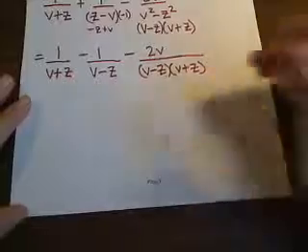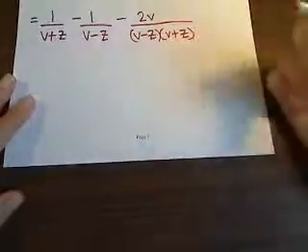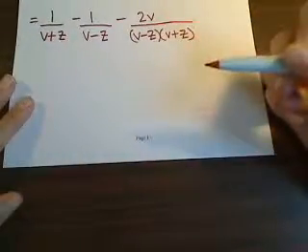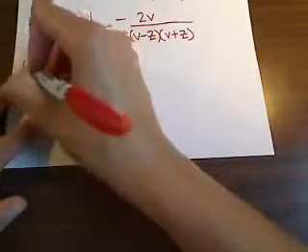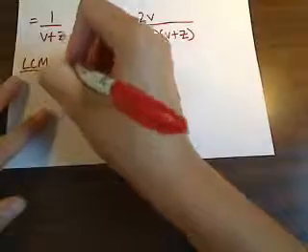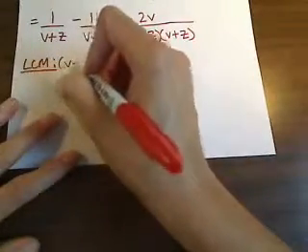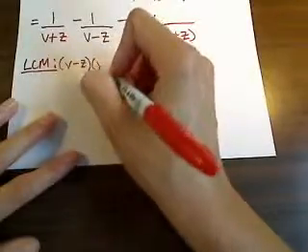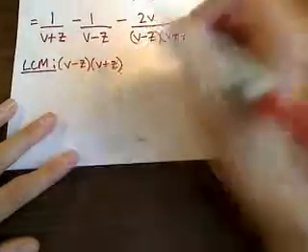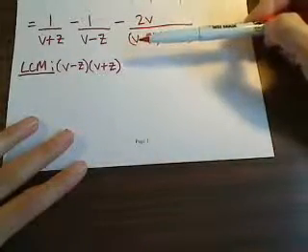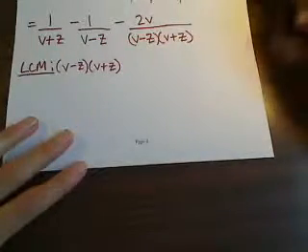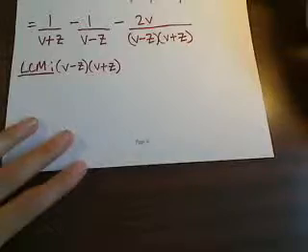Okay, so now we're in the position where we can go ahead and identify the LCM of the problem. And once we've identified the LCM, that is our common denominator. So the LCM in this problem is v minus z and v plus z. So remember, what you're doing to identify the LCM is you're looking at each factor and how many times it occurs the most in any one factorization.